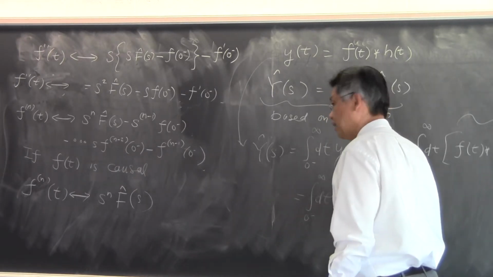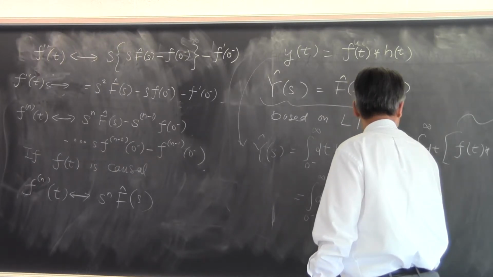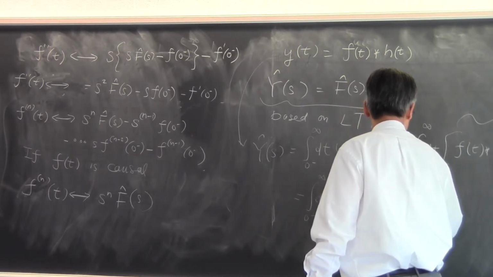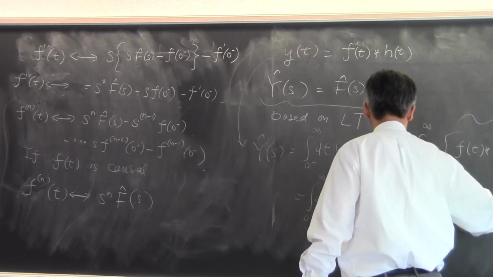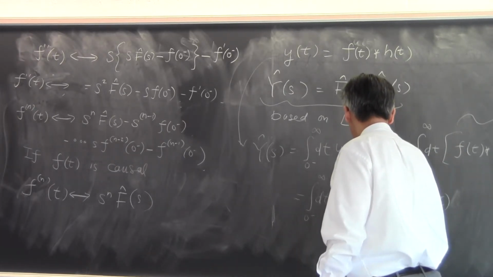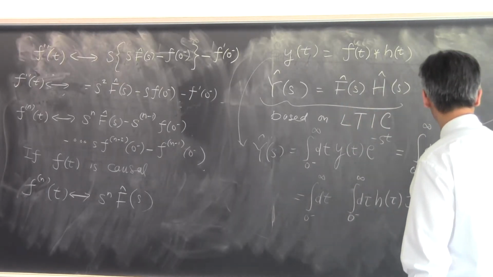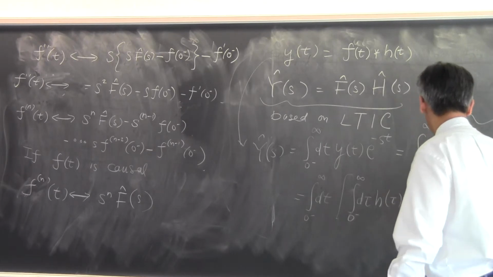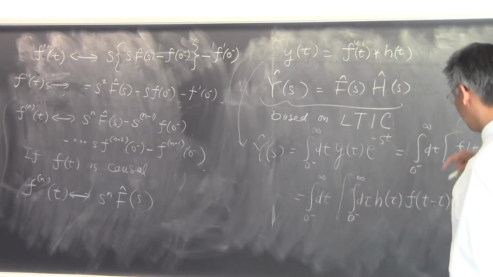Writing the inner integral as a convolution, it would be the integral of h of tau f of t minus tau d tau, where tau goes from 0 minus to infinity because this is a causal function. And then e to the minus st is what I should have.